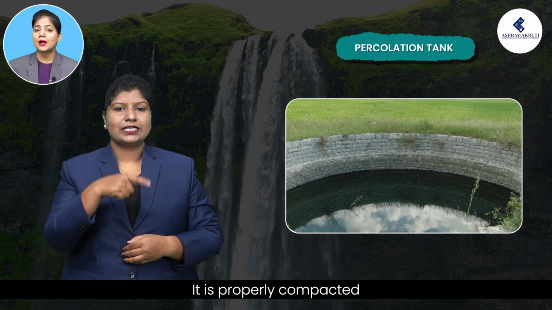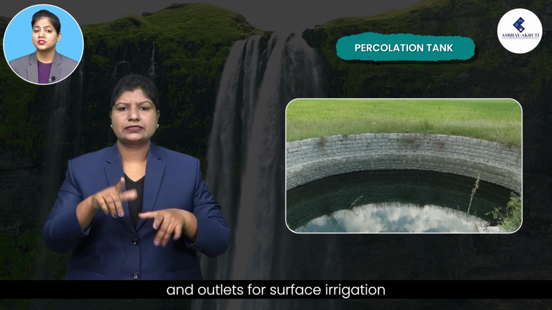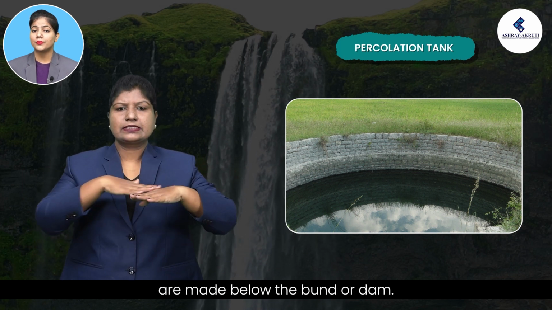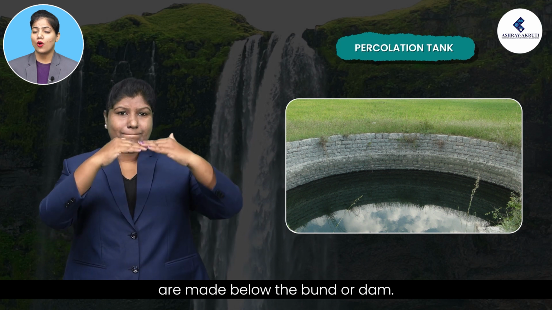It is properly compacted and outlets for surface irrigation are made below the bunt or dam.